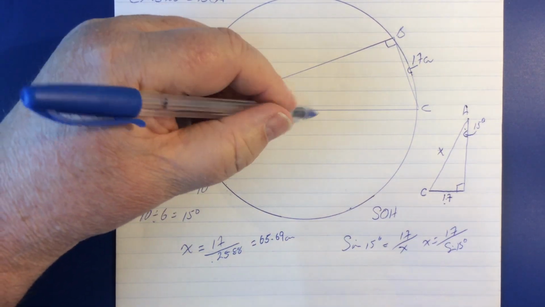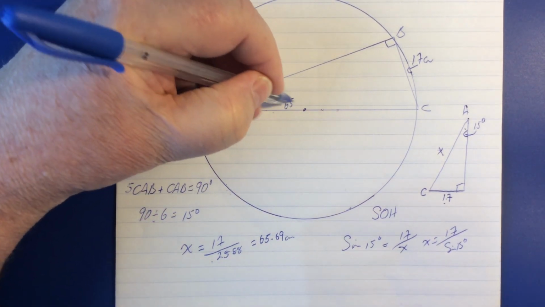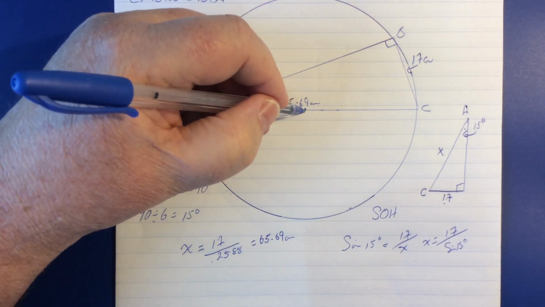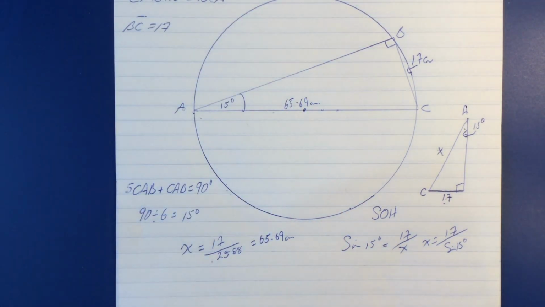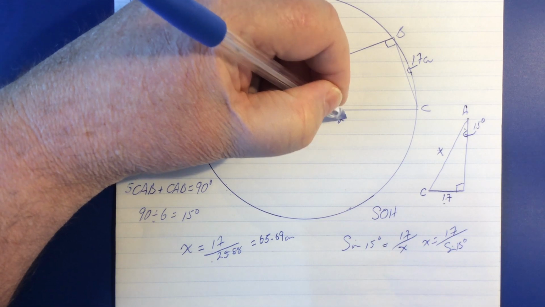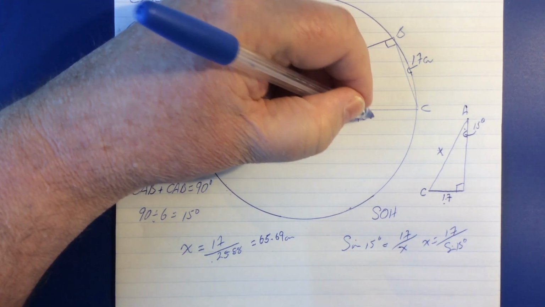Okay, so we know that this line here is 65.69 centimeters. So we can find the radius. We simply divide that by 2, and the radius is 32.84 centimeters.